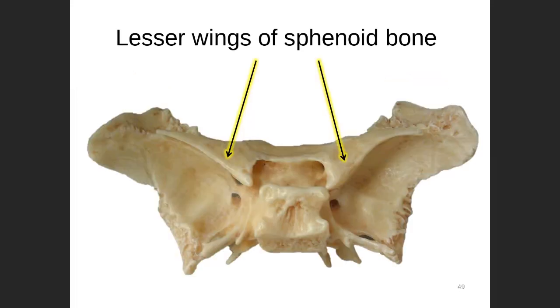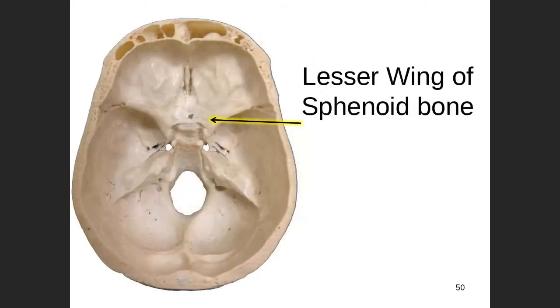You can see them here on this model, a little bit easier to see. And then you can see them here, and I'll try to outline them for you here, and here. All right, so those are your lesser wings.